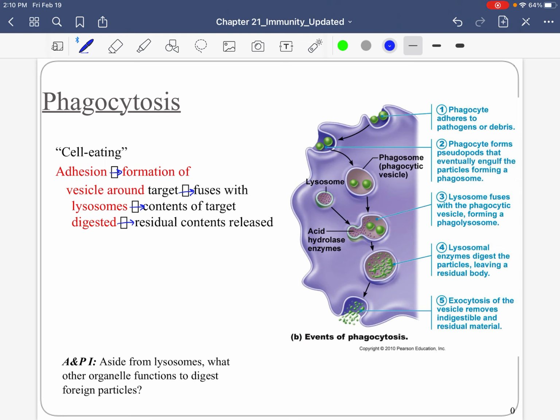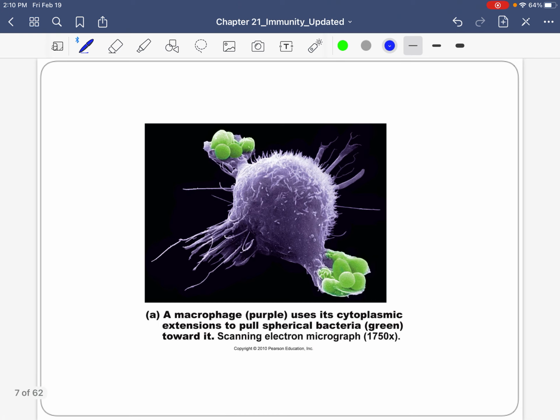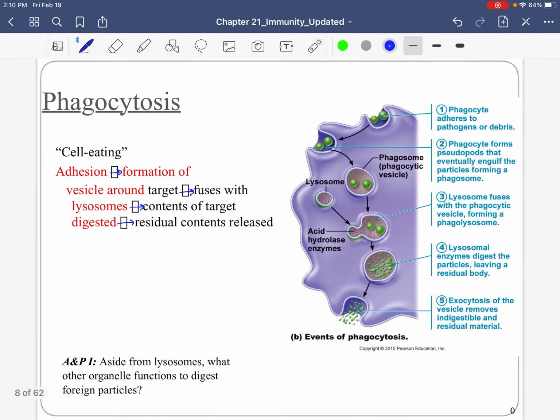So if we imagine this whole cell to your right, the whole purple thing is a macrophage. It's kind of like this, right? Big purple cell. This could be a macrophage or it could be a neutrophil because they perform a similar function. But we have a big purple general white blood cell.